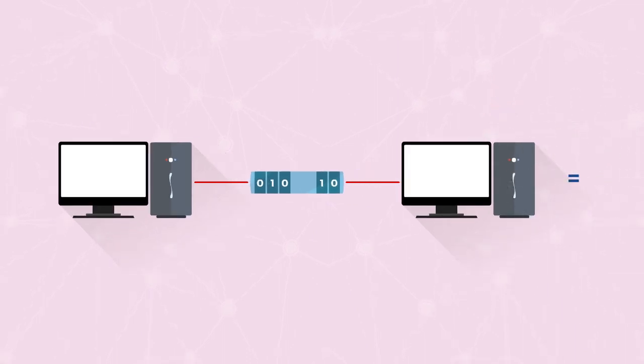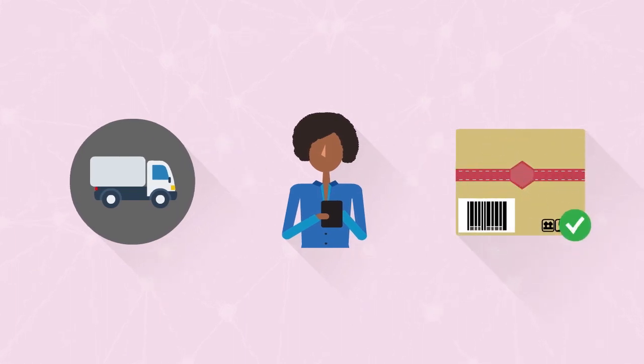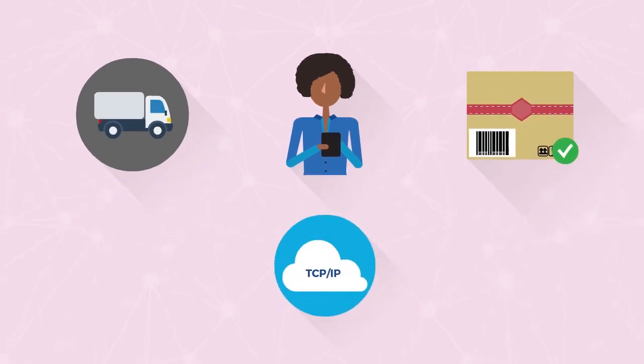And you might equate that to sending a package through a courier. Oftentimes, you want the recipient to sign to acknowledge that they received it, so you know it has arrived safely. TCP does the same thing.